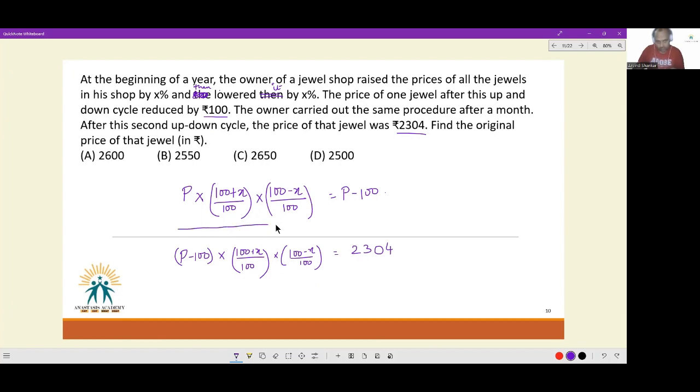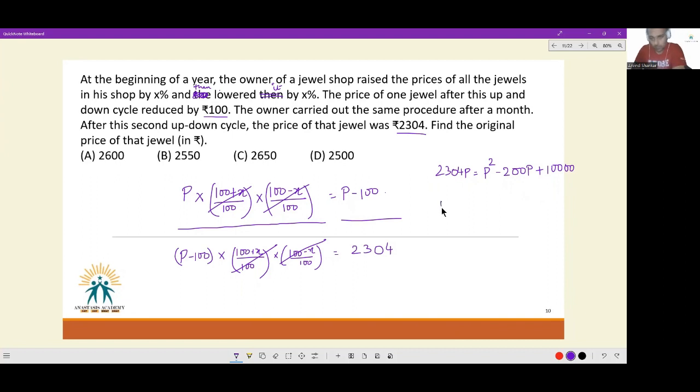In fact, we will solve it. First expression by the second expression. This will get cancelled, this will get cancelled. We get 2304P is equal to P square minus 200P plus, A square minus B square, so plus 10,000.